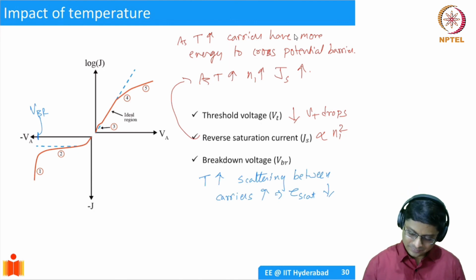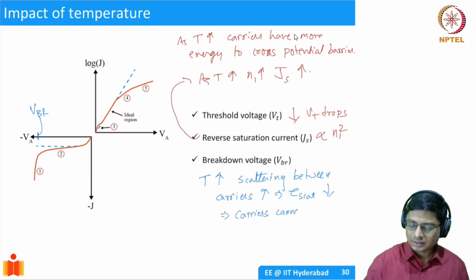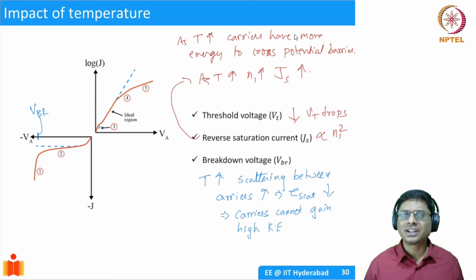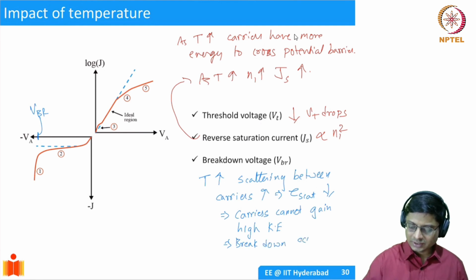And this implies carriers cannot gain high kinetic energy. Before they gain it, they simply collide with some other carrier and lose energy. So there is no directionality that is built up because of these repeated scattering events. So this implies breakdown occurs at larger voltages.